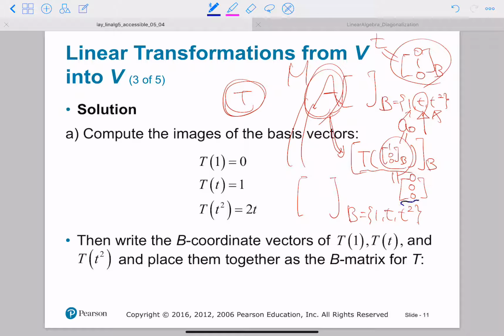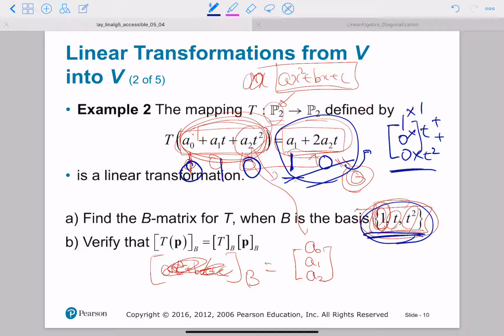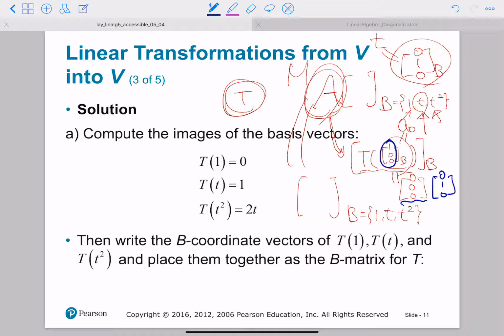Right, and then this was the output of B1, and 0, 1, 0 is the output of B2. And then what is the output of B3? B3 is 0, 0, 1 over here, and so over here it is 2. It becomes 2, right? And so the output vector will be 0.